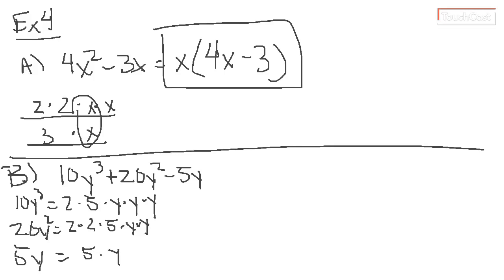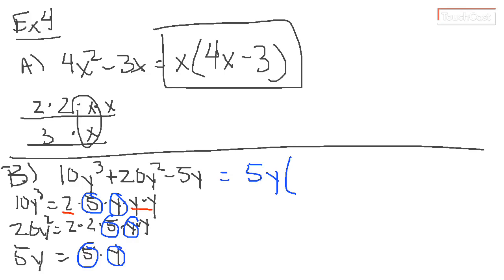Well, now we ask ourselves, what do all 3 terms have in common? I do see that all 3 have a 5, and I see that all 3 have at least one y. So we're going to bring that 5y out. So we're going to write 5y times. Well, what's left in the 10y cubed if we took 5y out? I see that we have a 2 and then 2 y's left. So we're going to have 2y squared.